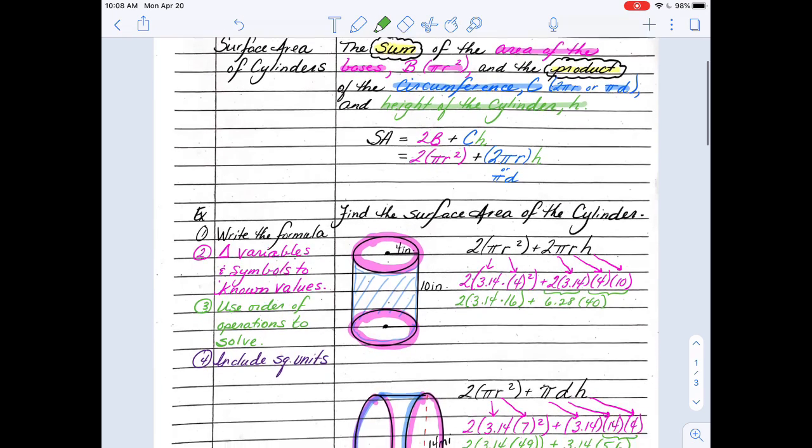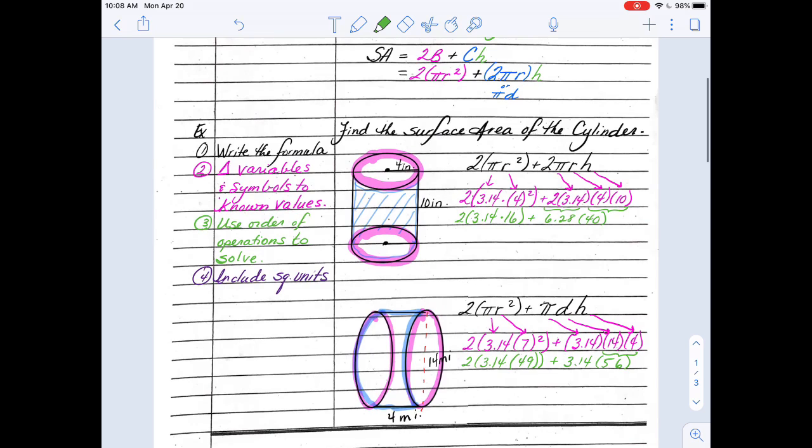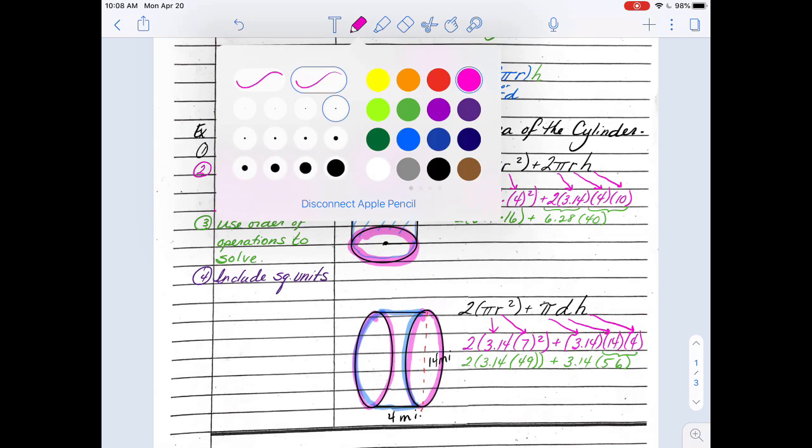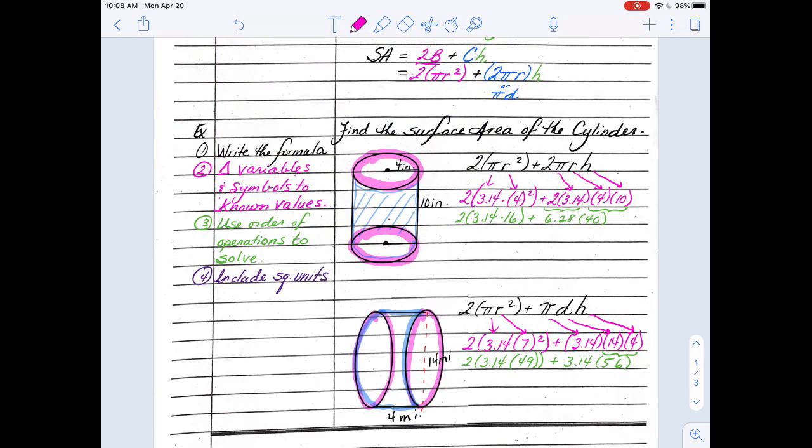So right here we can see I've given you that formula: 2 times the base area, because there's two bases, plus the circumference times the height. You can write that formula that way, but I like to have the formula written out so you don't forget what they are: 2 times pi times the radius squared, plus the circumference.